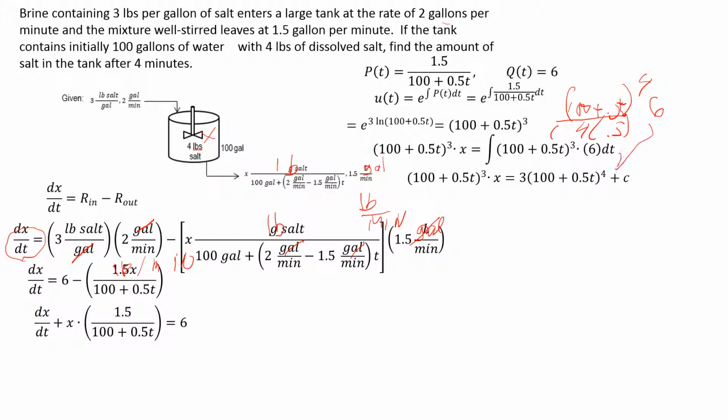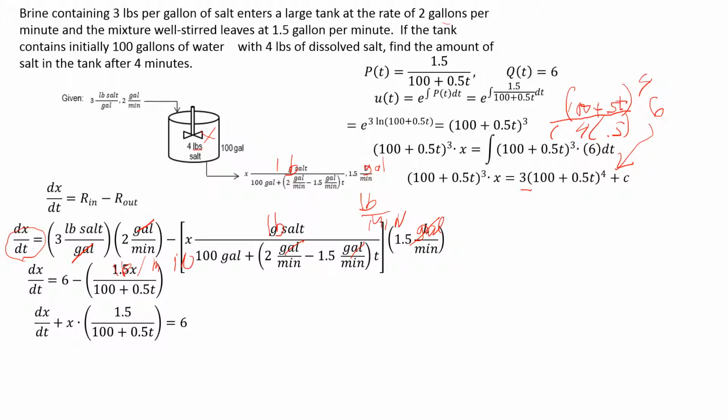So basically you will have (100 plus 0.5t) to the 4th, divided by 4 times 0.5, that is the balancing, times 6. 4 times 0.5 is 2, 6 divided by 2 is 3. That's why you have this 3 there.